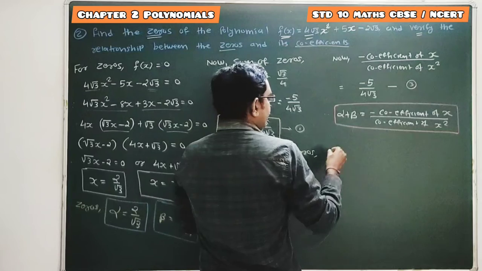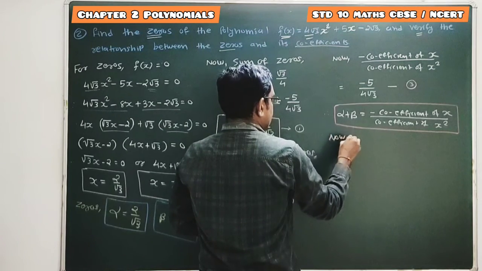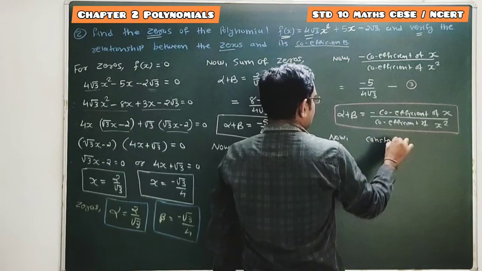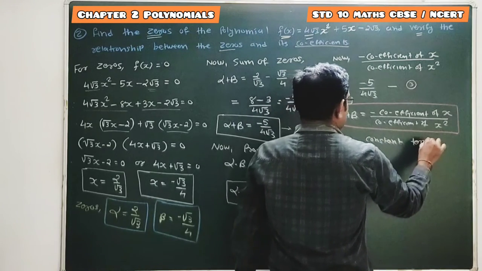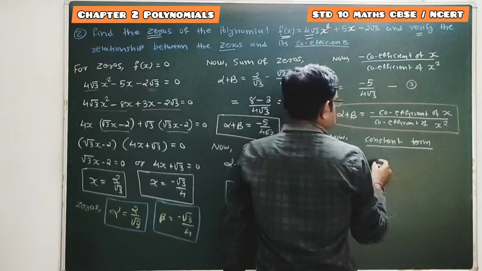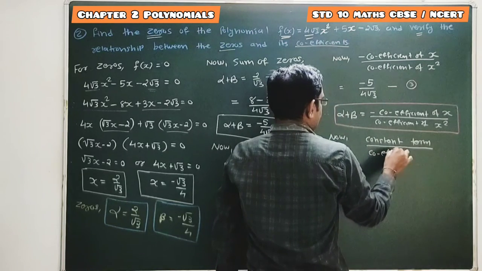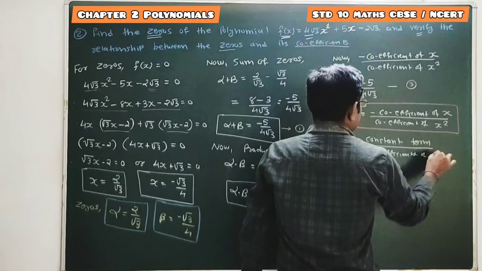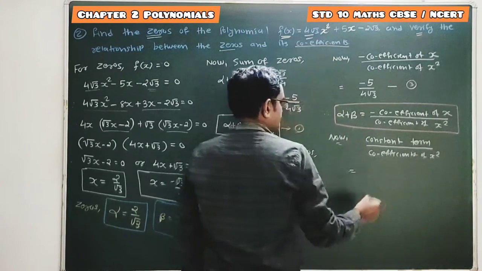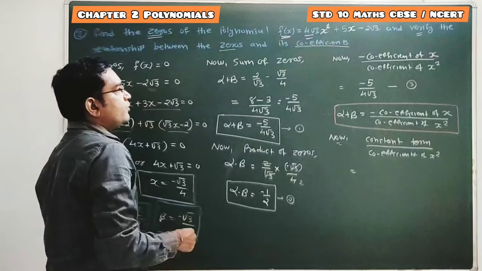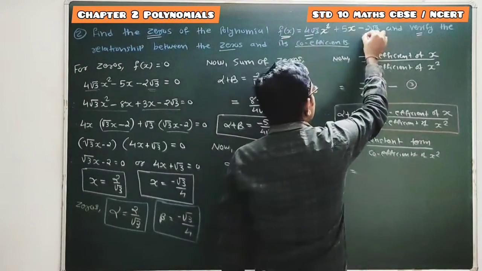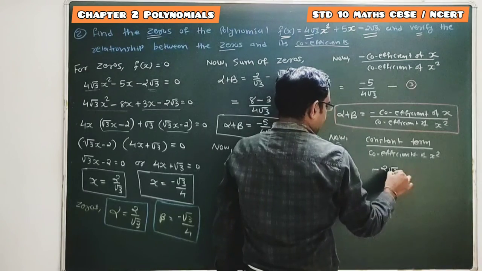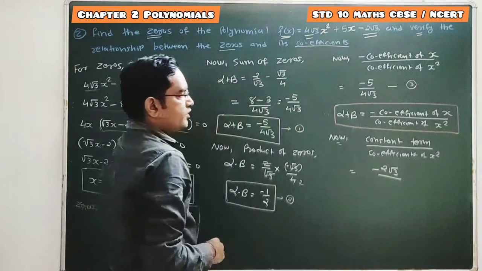Now we will try to verify another relation, that is the ratio of constant term upon coefficient of x square. So what is the constant term in the given polynomial? The constant term in the given polynomial is minus 2 root 3, divided by the coefficient of x square.